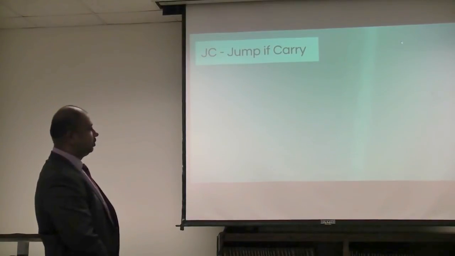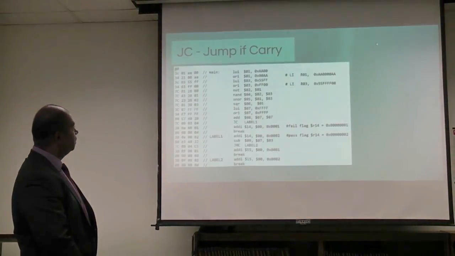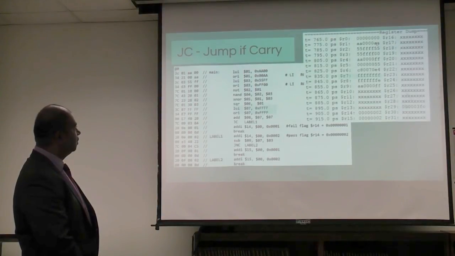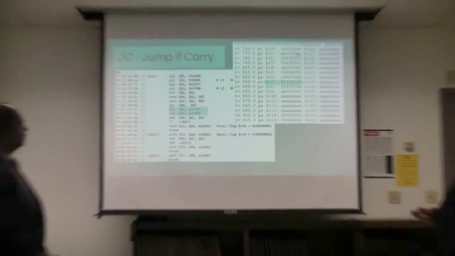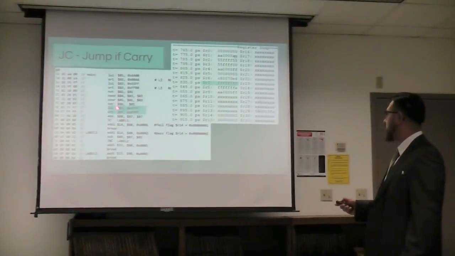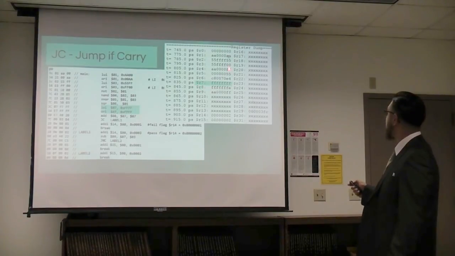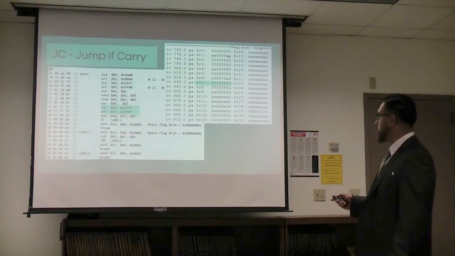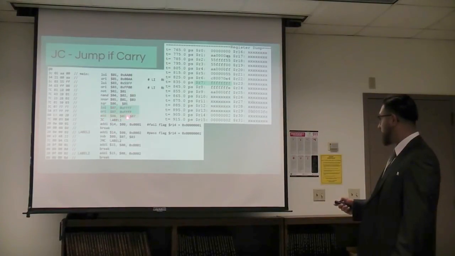Moving on to a little bit more interesting instruction, we've got a JC, jump if carried. Here's our IMM and here's our registers, outputs. If you notice, here, register 7 is being loaded with all Fs, and we can verify that that is the case looking at a register dump. Little down the line, there's an addition instruction, which is adding register 7 to itself.